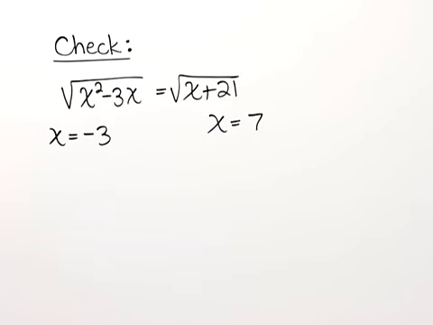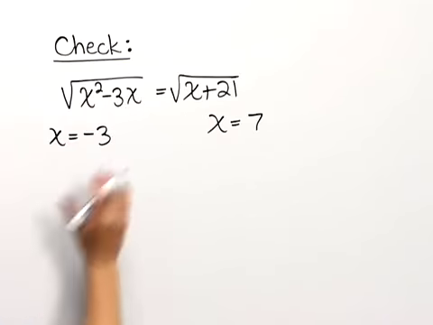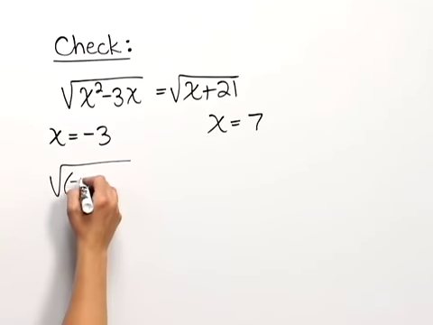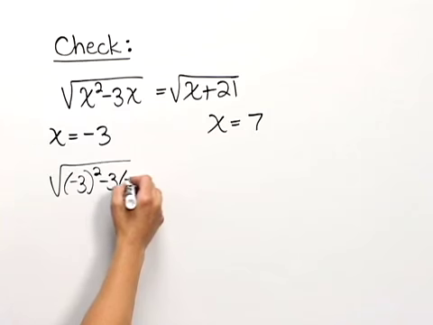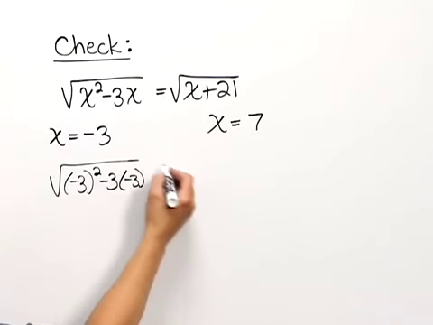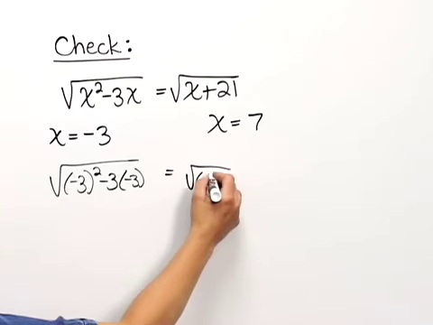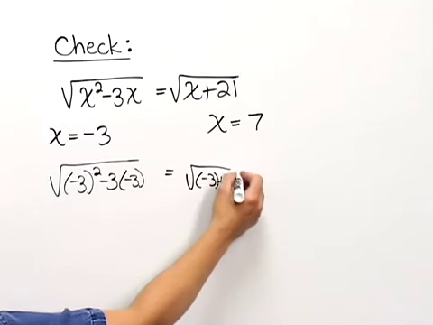We'll start with our x equals negative 3, replacing all of the x's with negative 3. So we get square root of negative 3 squared minus 3 times negative 3 equaling square root of negative 3 plus 21.